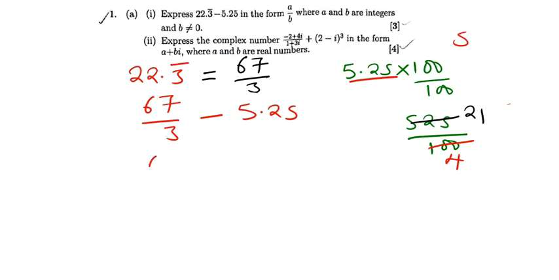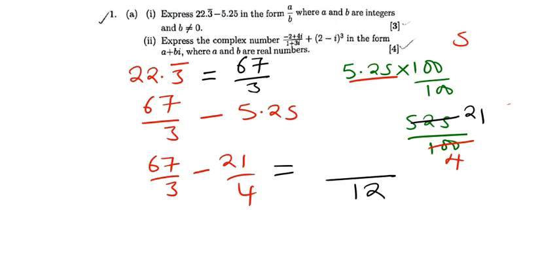So we have 67 divided by 3 minus 21 over 4. And then at this point you're able to subtract this. So common denominator is the 12. 3 divided into 12 is 4. So we have 4 multiplied by 67, minus 4 into 12 is 3, so 3 times 21.